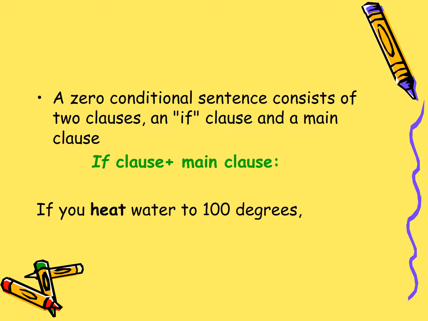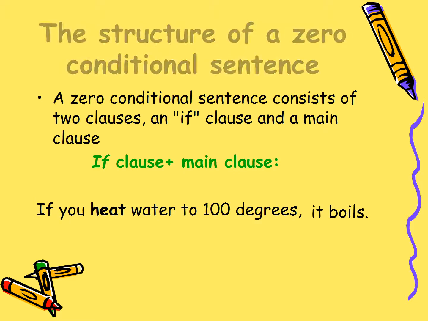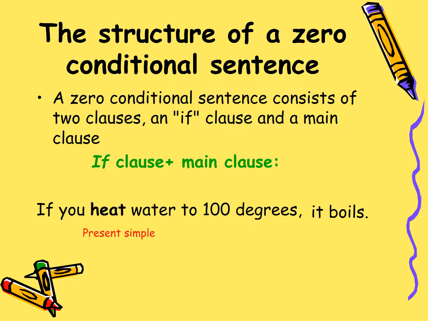As an example, if you heat water to 100 degrees, it boils. We can notice that both verbs in the if clause and the main clause are in present simple. Heat, present simple. Boils, present simple.